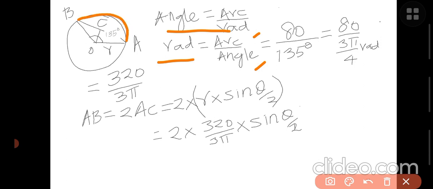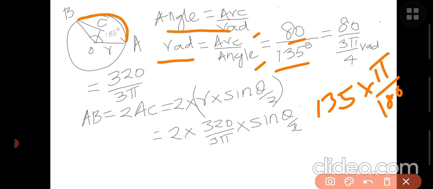What is the angle? 135 degree. Now converting this degree into radian, 135 into pi by 180. We get 3 pi by 4.